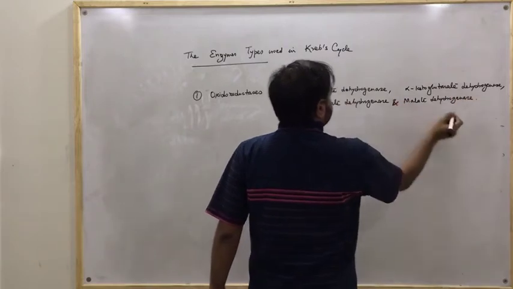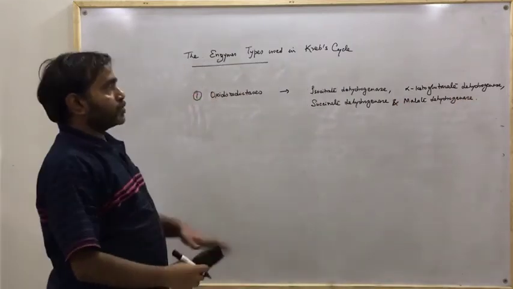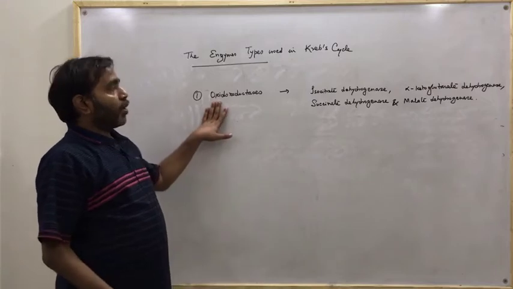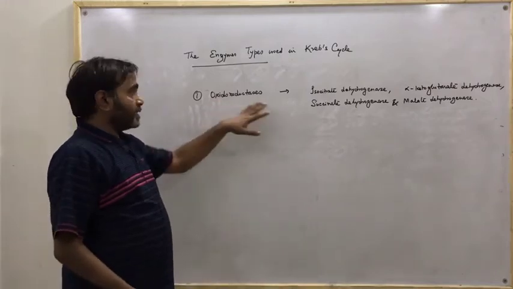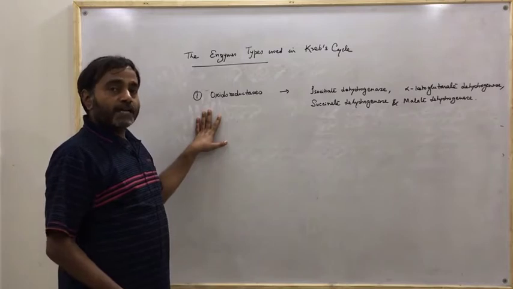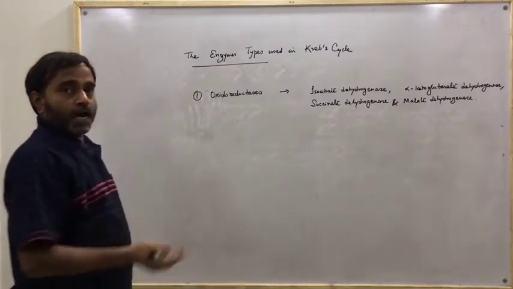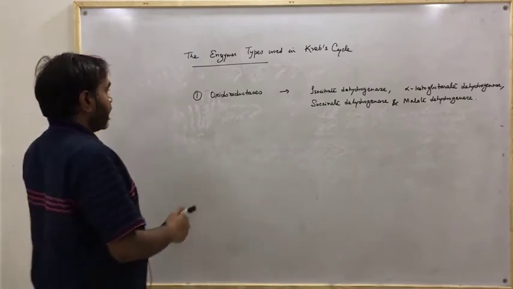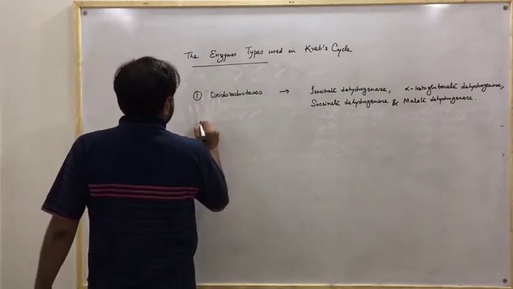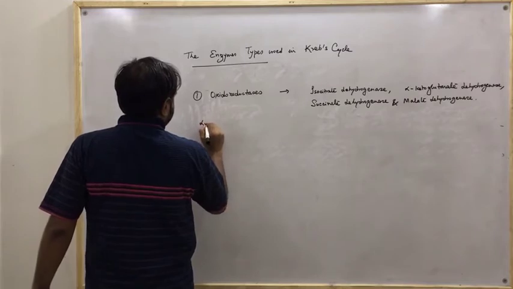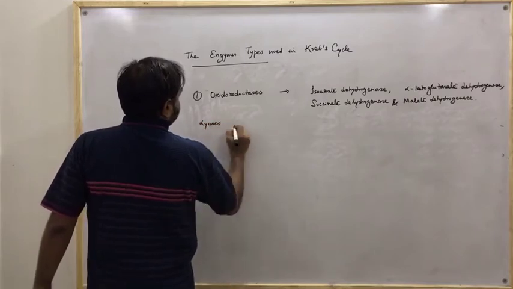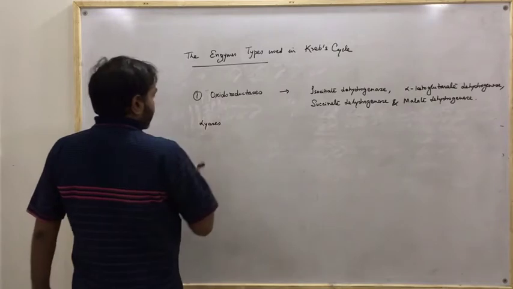So these are the enzymes that are involved, and they come under the category of oxidoreductases. Now the other enzyme type found to be involved in this is lyases.